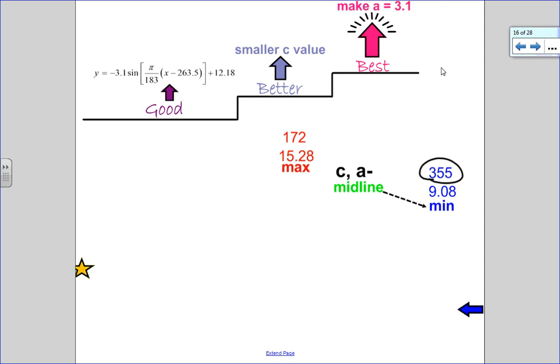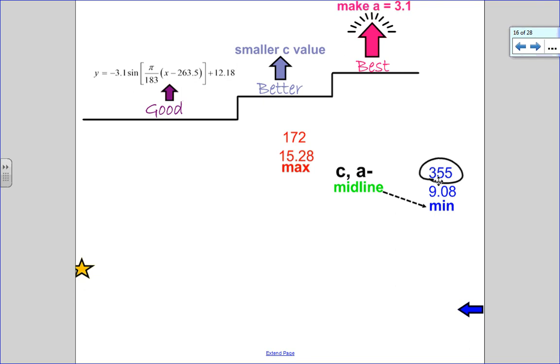So let's go back to the table of values and talk about this. I had a max that occurred 172 days into the year, and I had a min that occurred 355 days into the year. The midline, of course, is right in between. Since it was midline on a downswing, my a was negative. Now, if I have this minimum 355 days into the year, remember that my period is 366. So every 366 days, I'm also going to get a minimum.